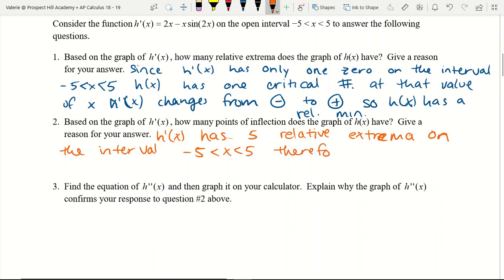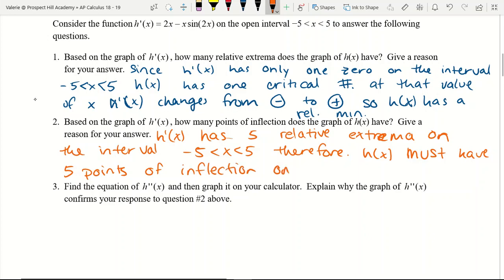Therefore, h of x must have 5 points of inflection on that same interval.